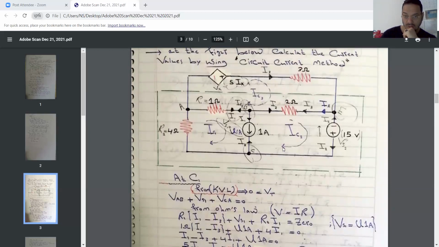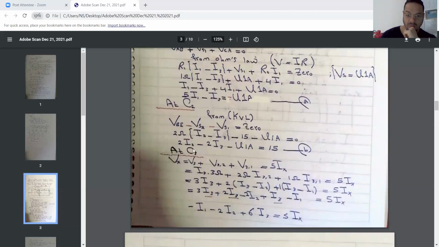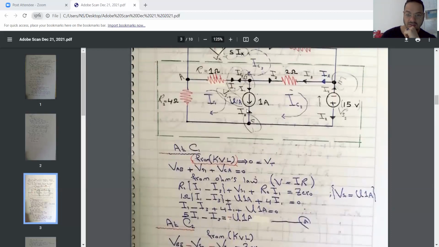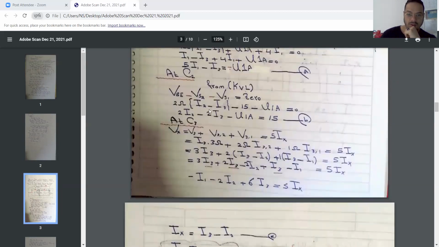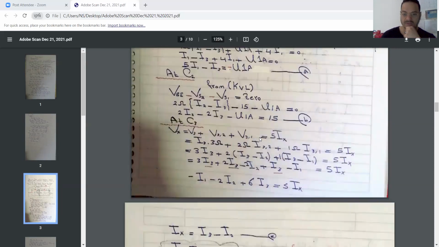Let's take a look at C2. Here we have 2 independent sources, voltage and current. Because of that, we will deal with it by VBE, this VBE divided by, we're dealing with 2 ohms, and VS2 minus VS1, VS2 15 volts, VS1 equal, like I said before.